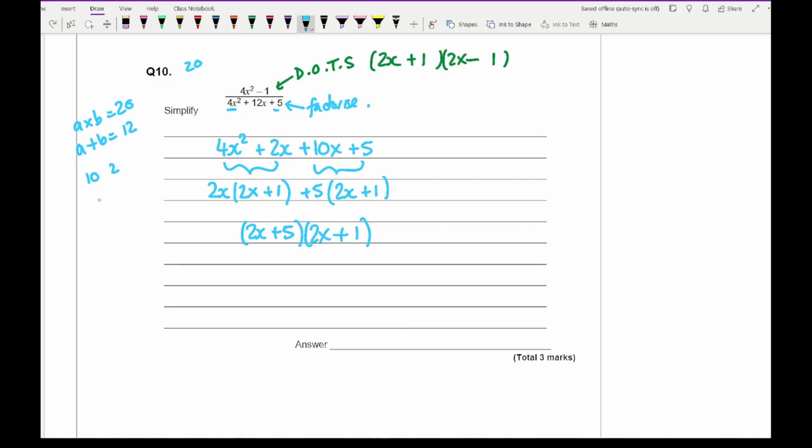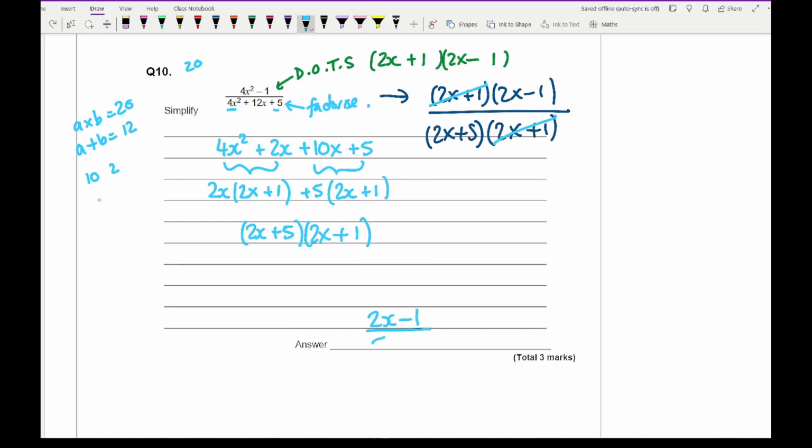So what this fraction becomes is 2x plus 1, 2x minus 1, all over 2x plus 5 and 2x plus 1. And as you can see, I've got a common bracket, so this cancels with this, leaving me with just 2x minus 1 at the top and 2x plus 5 at the bottom.